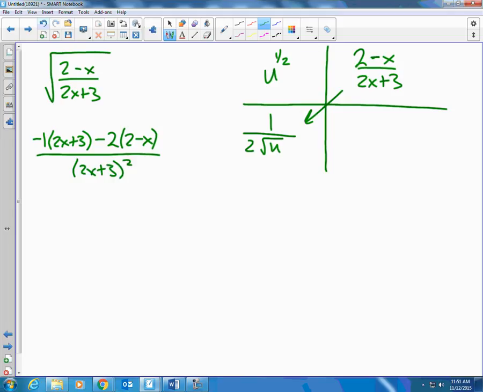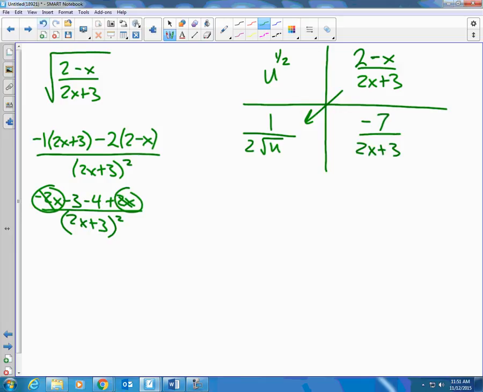Let's simplify the top. Negative 2x minus 3 minus 4 plus 2x all over 2x plus 3 quantity squared. All right. So what cancels? Yep. So we get negative 7 over 2x plus 3, that quantity squared. So that's the derivative of the inside.